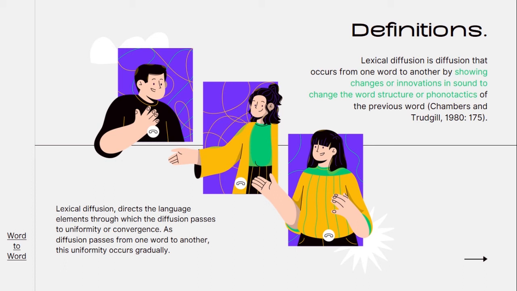The diffusion of elements of language innovations, including lexical diffusion, directs the language elements through which the diffusion passes to uniformity or convergence. As diffusion passes from one word to another, this uniformity occurs gradually. For example, it cancels out the sound at the beginning, middle, and end of the word.